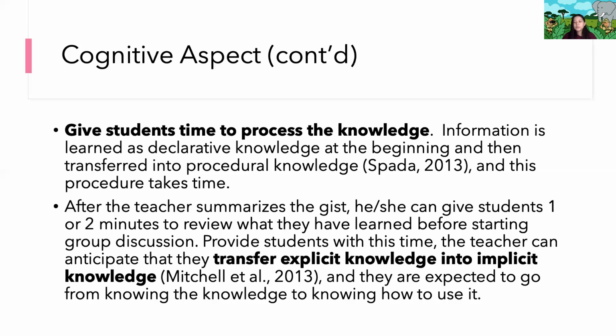For the previous example of providing students with the gist, the teacher can give students 1 or 2 minutes to review what they have learned before starting group discussion. Providing students with this time, the teacher can anticipate that students transfer declarative knowledge into procedural knowledge, and students can go from knowing the knowledge to knowing how to use it.